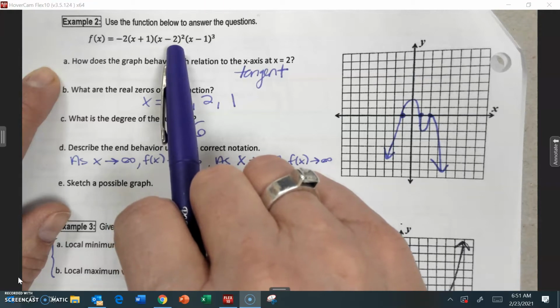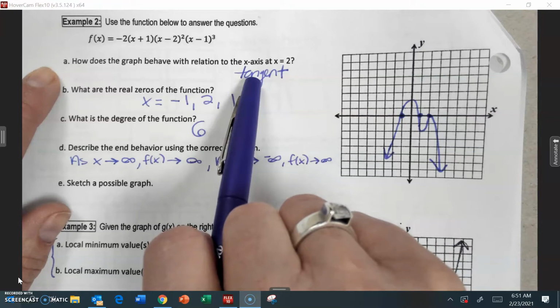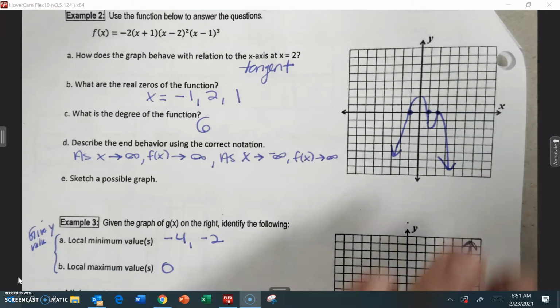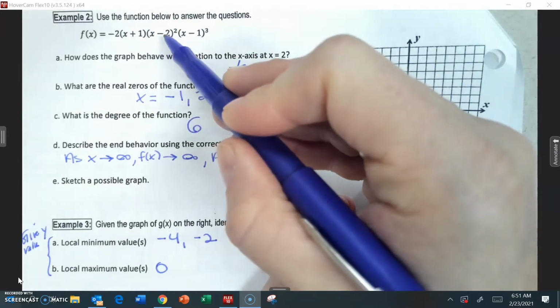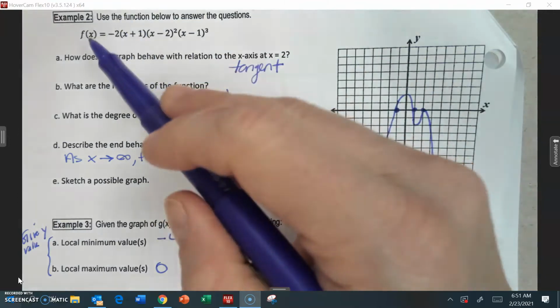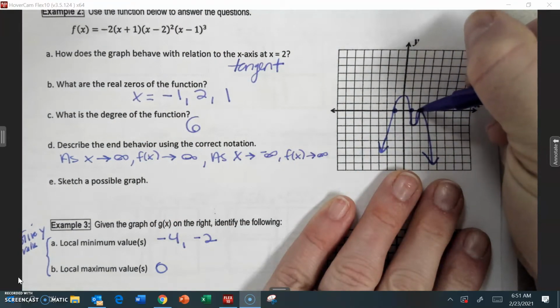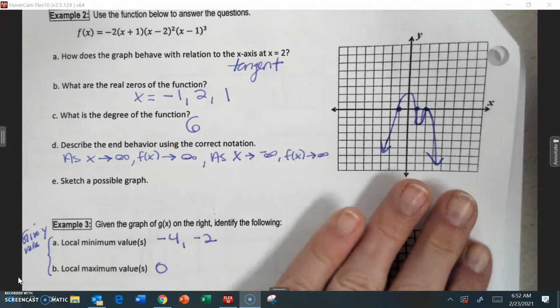So we said that when it's even, it's going to be tangent to. If you look at my sketch over here, which you probably did at the very end, if I go to x equals 2, which would be the solution when you set this equal to 0, you'll notice that my graph is bouncing or tangent to the x-axis.